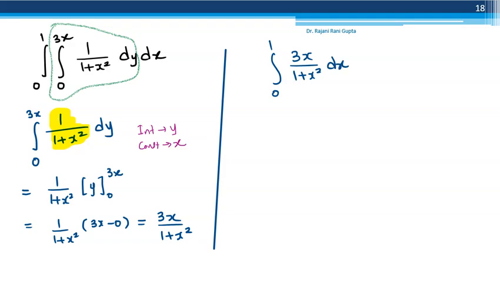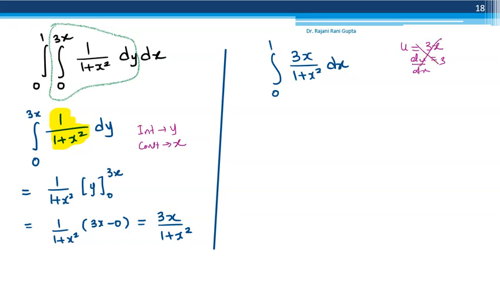Here it's a quotient of two terms, not possible to combine them together. So again we look for substitution or integration by parts. Let's work with substitution first. What term are you having? Suppose you use 3x as the substitution, what will you get as the derivative? 3, which is not the other function. So this substitution doesn't work.